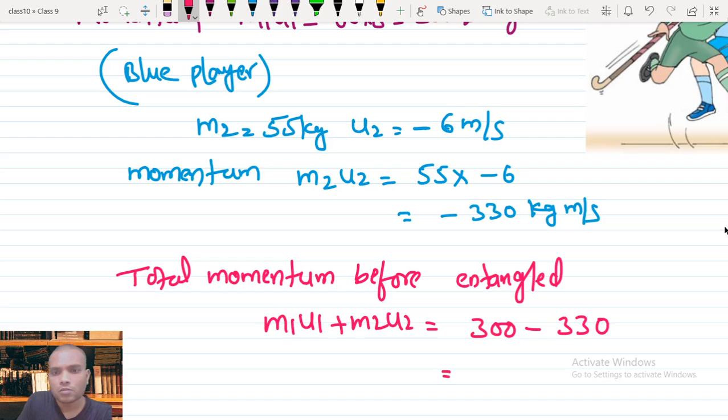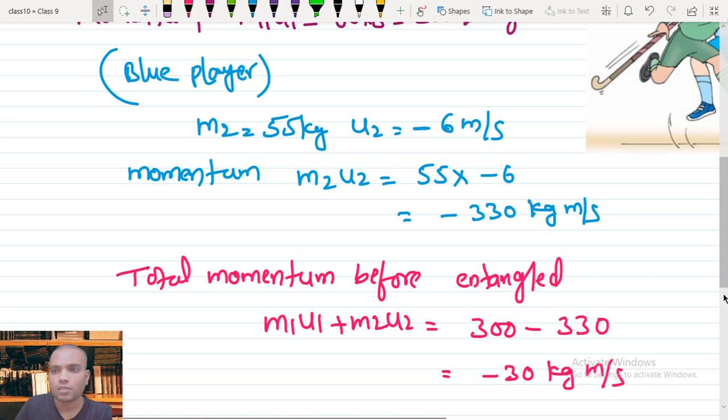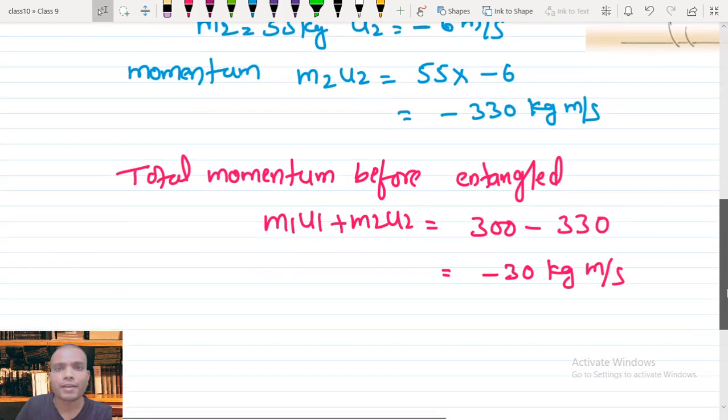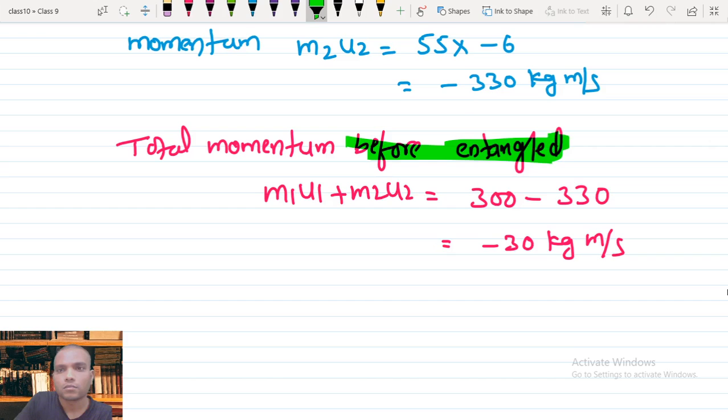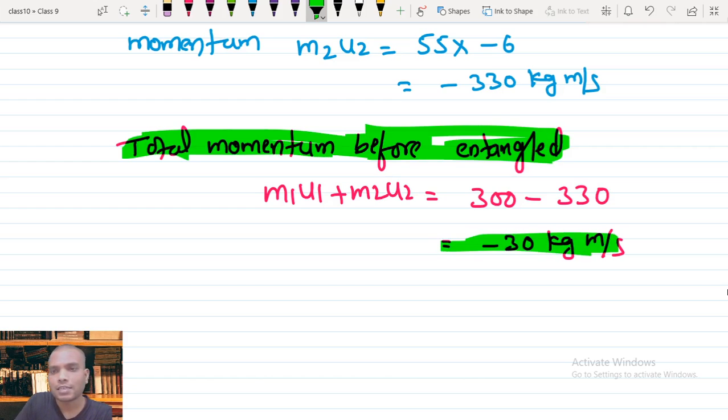So the total momentum here is minus 30 kg meter per second. This is the total momentum before entangling: minus 30 kg meter per second.